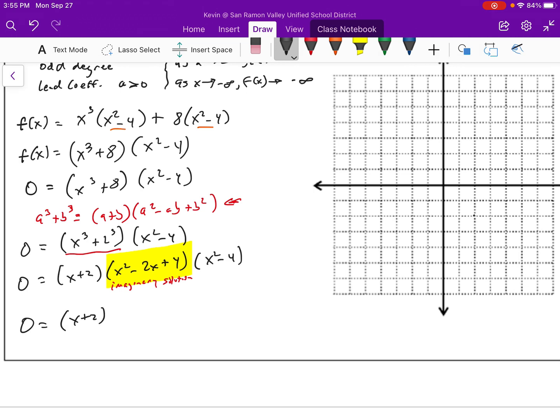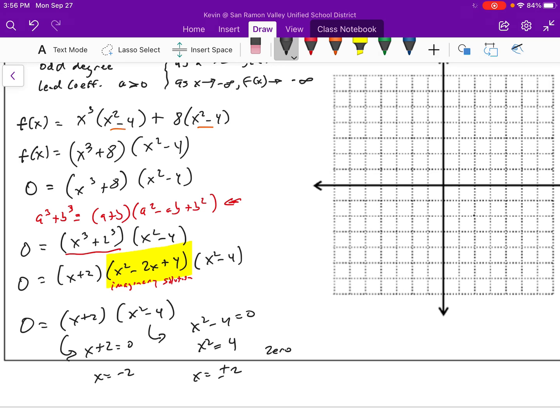So we're going to say 0 equals x plus 2 times x squared minus 4. So x plus 2 equals 0 gives x equals negative 2, and that's right here. And then here I have x squared minus 4 equals 0, x squared equals 4, x equals positive or negative 2.